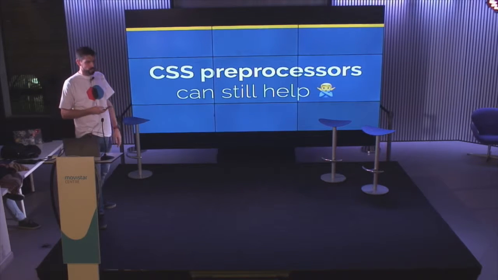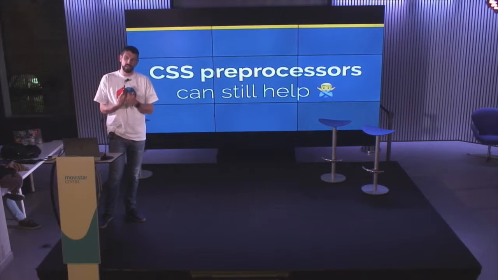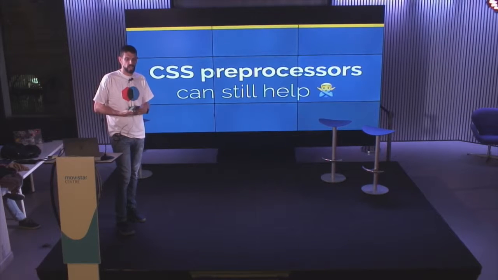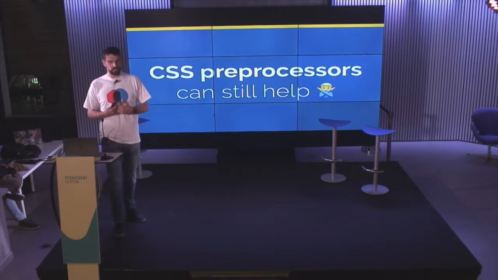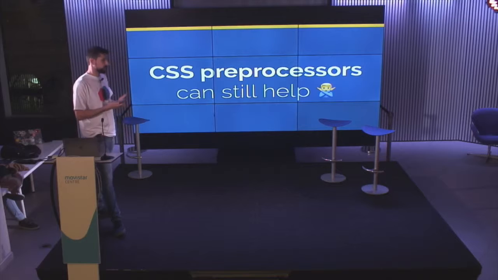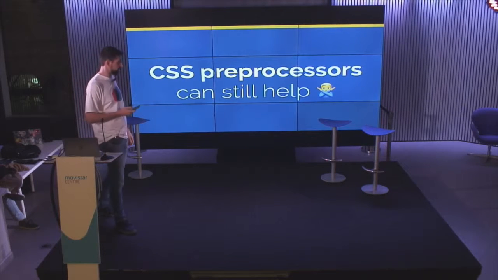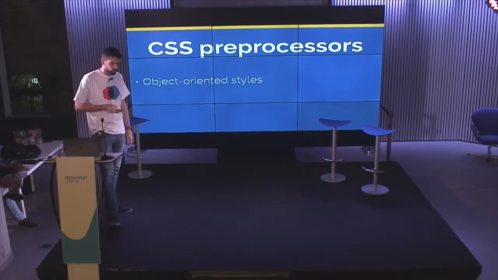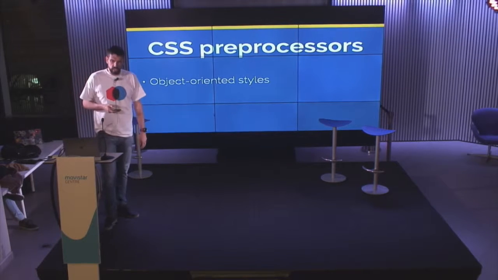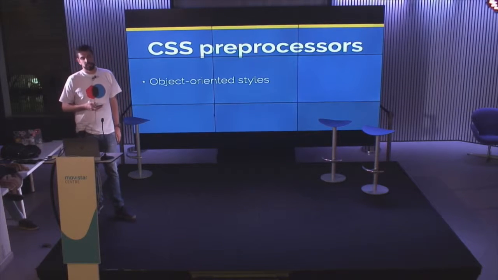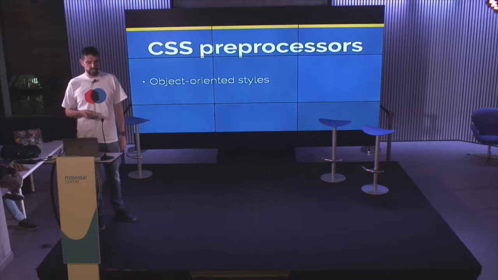But in our case, we are using CSS preprocessors, and we think we can really take advantage of some of their features. So, what things can we use that are very interesting for us?